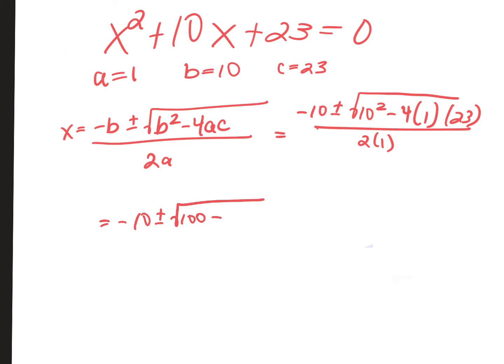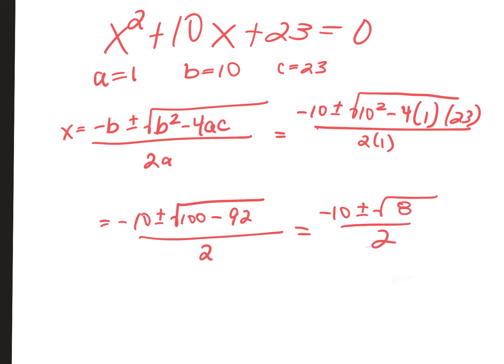Minus, what's 4 times 23? 92. All over 2 times 1 is 2. Questions? Simplify a little more. Negative 10 plus or minus the square root of, what is 100 minus 92? 8 over 2.